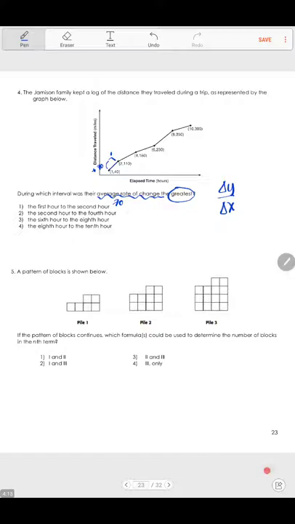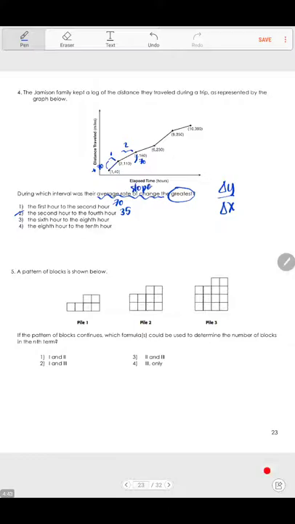The next interval is second hour to the fourth hour. Here, from 110 to 180, that's going up by 70. But the difference in the x's is 2. 70 over 2 is 35. Okay, we can already eliminate that because 70 is already higher than that one, because we want to find the greatest average rate of change or the greatest slope.